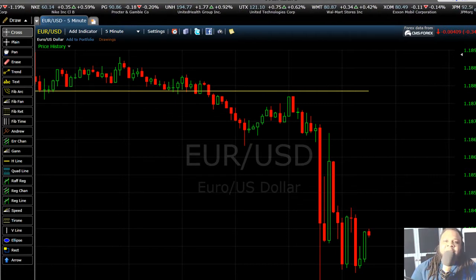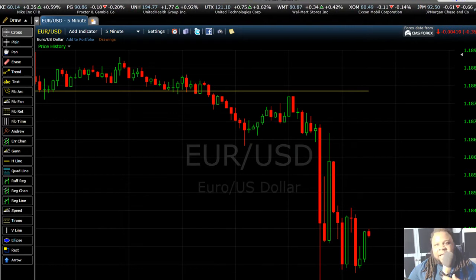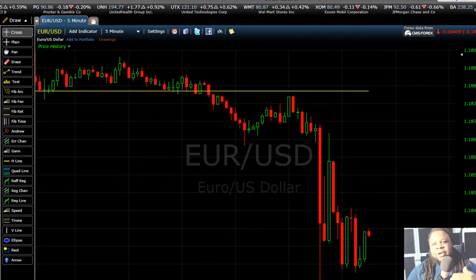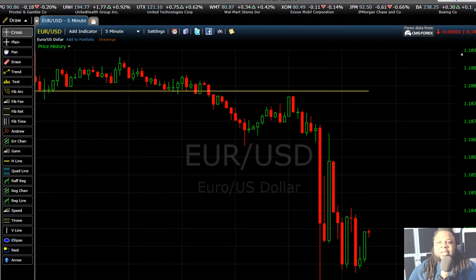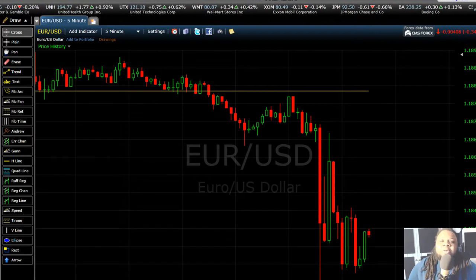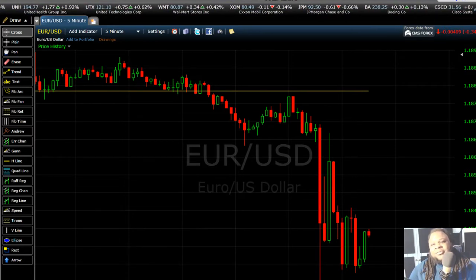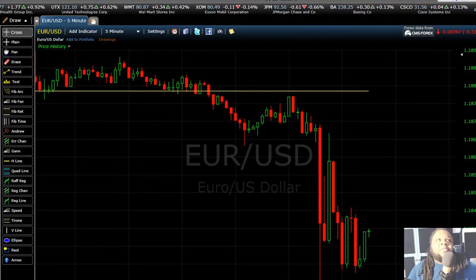So what you really have to do is get educated on what indicators are used, what they're used for, and the relationship between one indicator and another. The one we're going to talk about today is the MACD indicator, or the moving average convergence divergence. That's the actual acronym or the name of it.